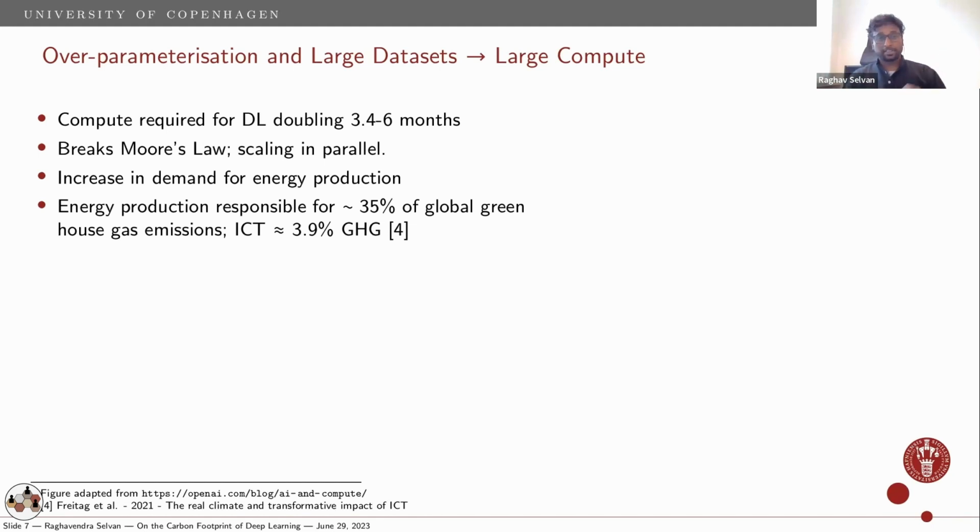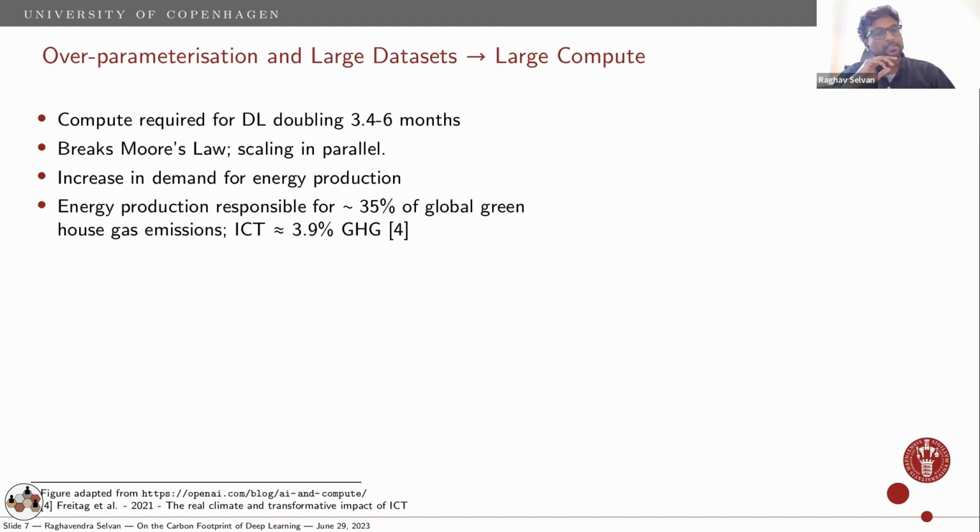We were just talking about how the information and communication technology sector is estimated to produce greenhouse gas emissions, due to the electricity consumption of big data centers and all the ICT related to it, of about, if you don't do a conservative estimate, even 3.9%, which puts it above the global aviation sector, estimated at around 2.5%.